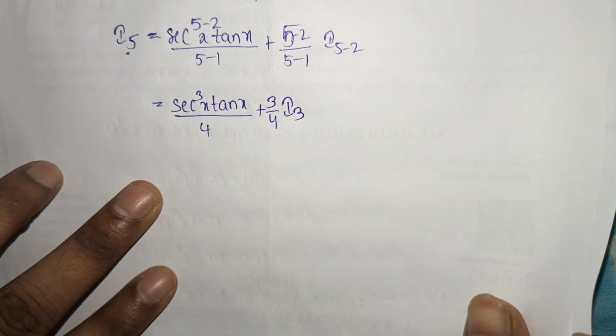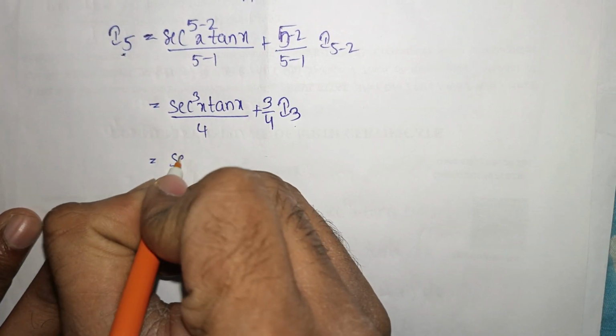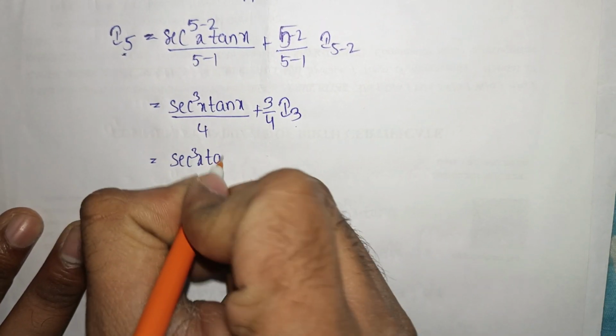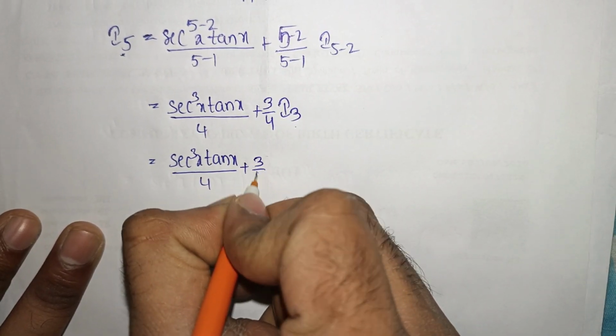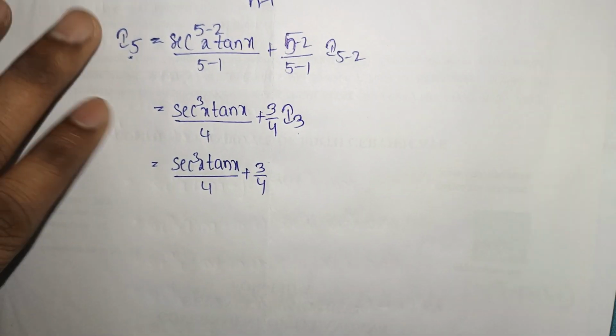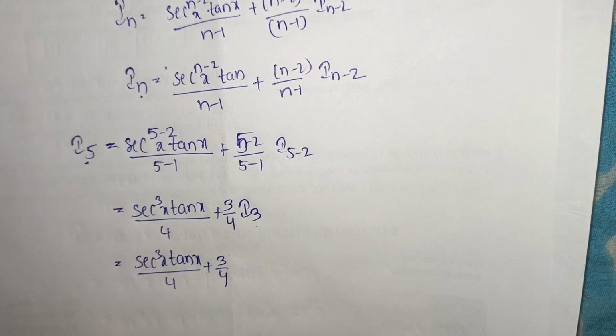Now again, you notice it's I3, so we bring the same formula here: secant cube x tan x by 4 plus 3 by 4 times I3. For I3, we substitute 3 wherever we find n.